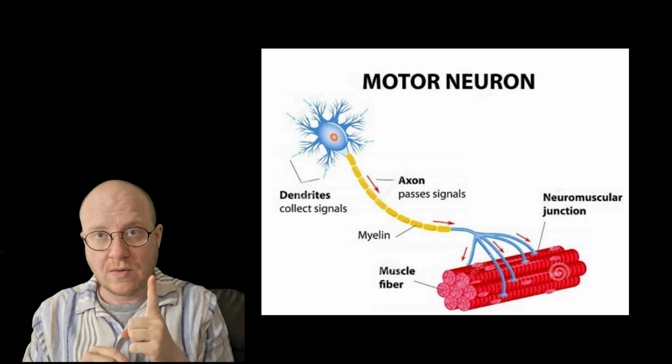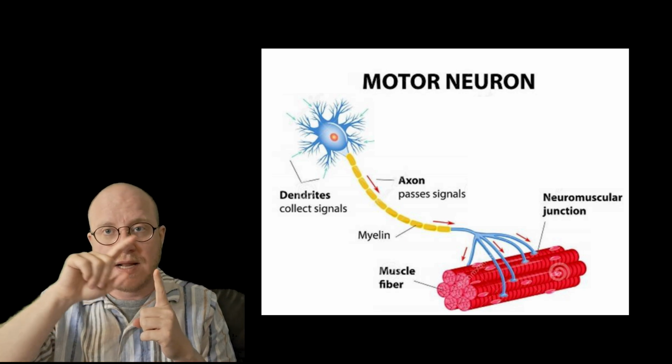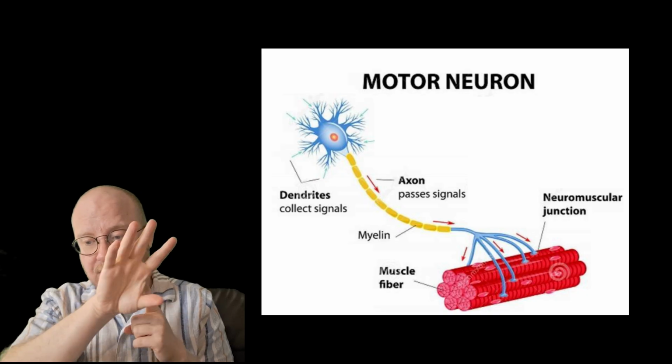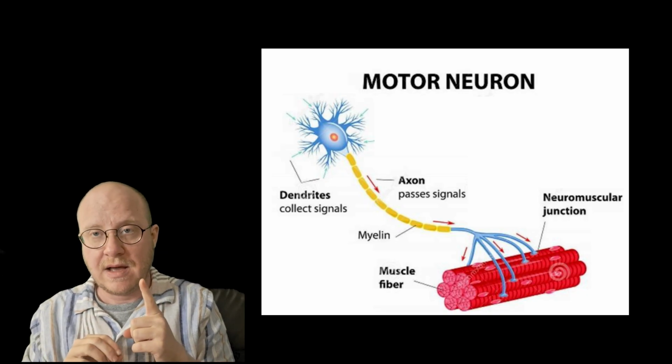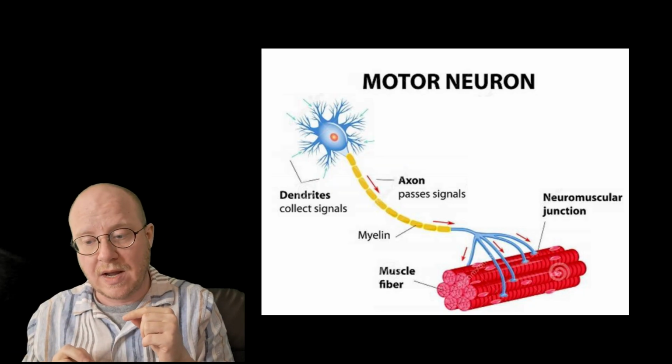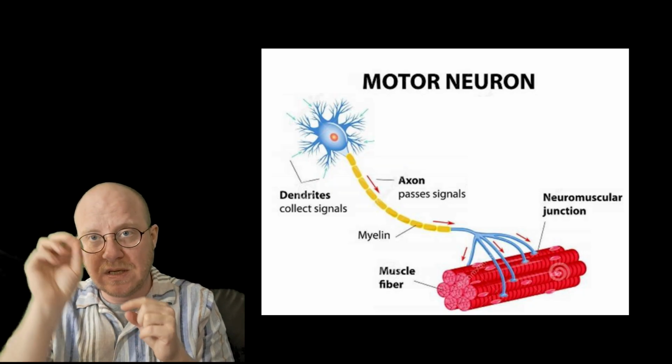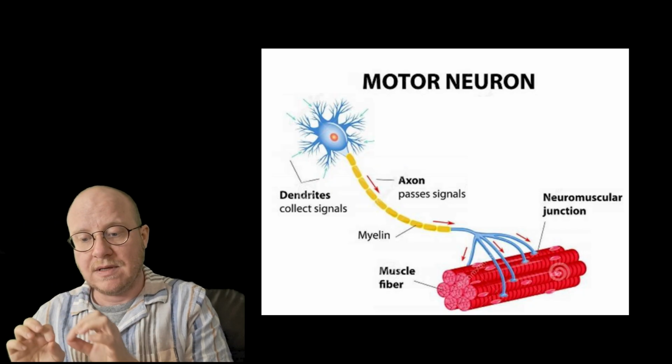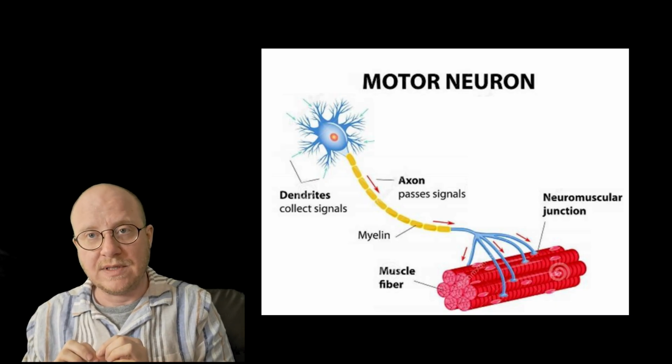So one neuron has an axon, and the axon branches out, and then there's a synapse at the end of each branch, and those synapses connect with different fibers of a muscle.